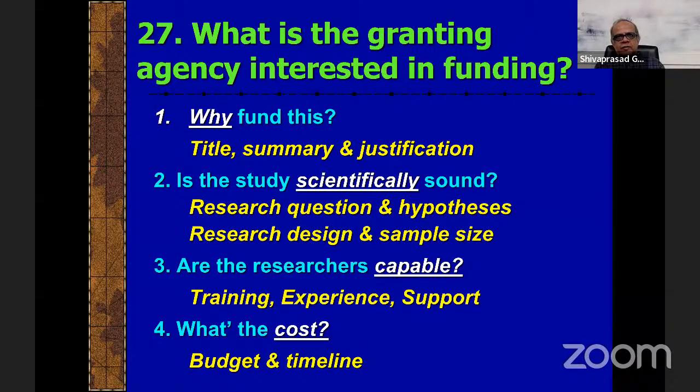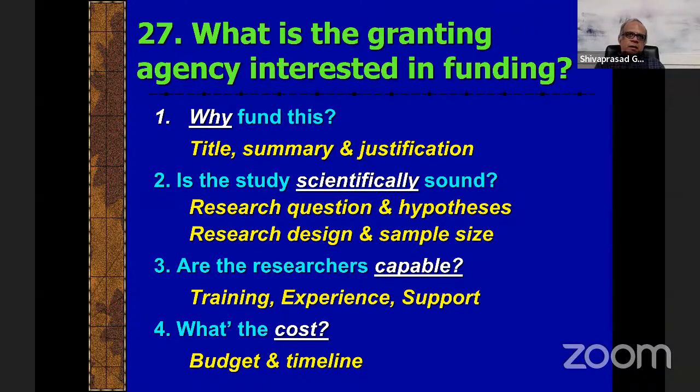Is the study scientifically sound? Do you have a good research question? Do you have a reasonable hypothesis? Are you using the right or optimal research design? And do you have an adequate sample size to answer the scientific question or the research question?